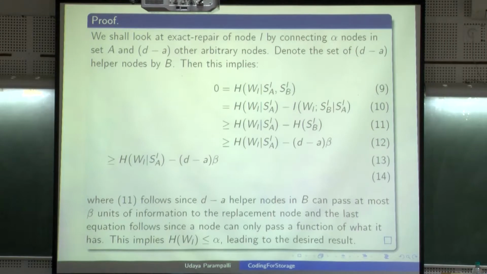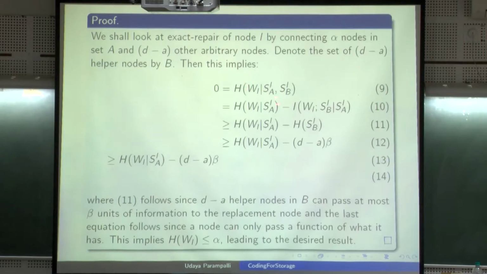This is possible. So you can look at the entropy of W_L conditioned on the variables S_A^L and S_B^L. Obviously that is true because it is repairing. I am applying a general reconstruction property.